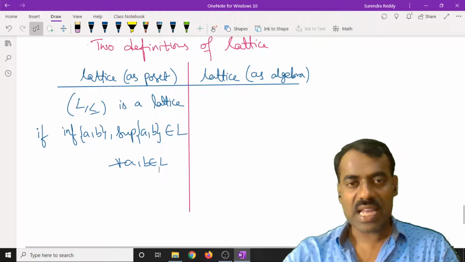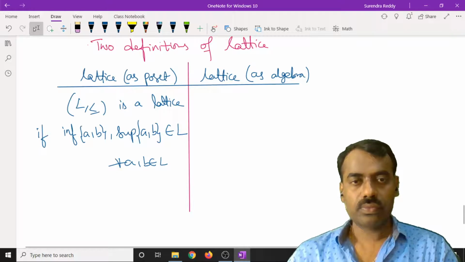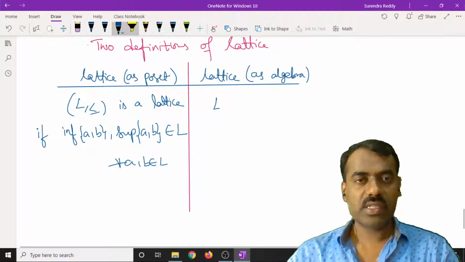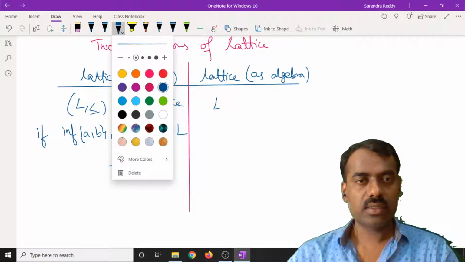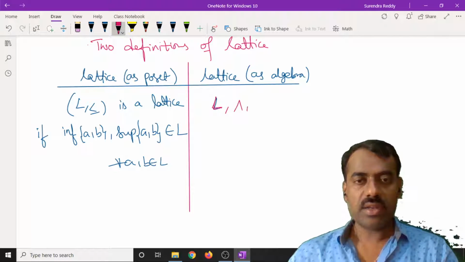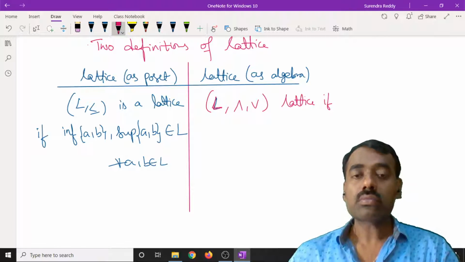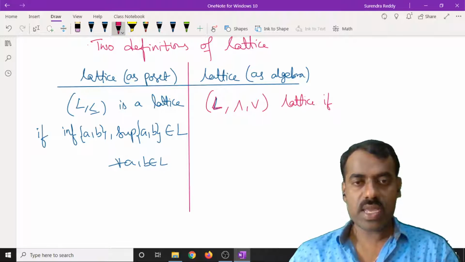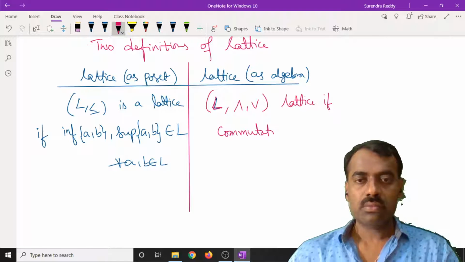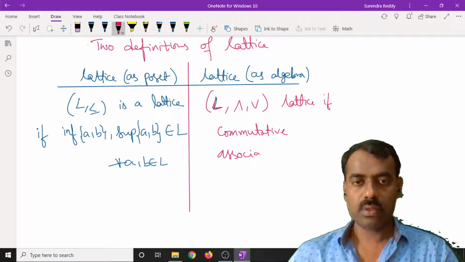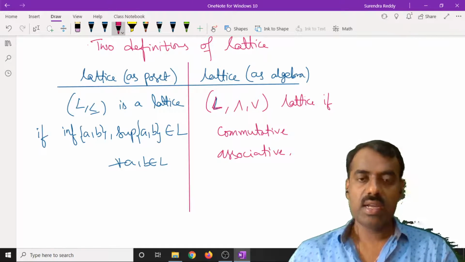Now what about as an algebra? So we should have this L and these two binary operations. This will become a lattice if these two operations are commutative, associative and idempotent.